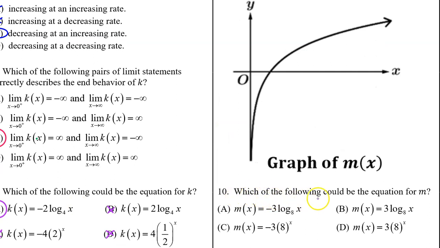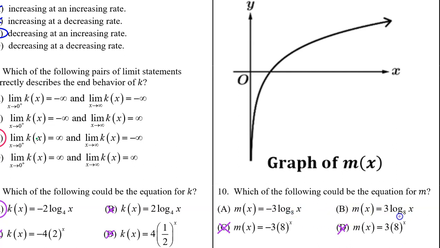Number 10, which of the following could be the equation for m? This is clearly a logarithmic function because the y-axis is the asymptote. So we can eliminate C and D immediately. Notice that both of the remaining options have a b value of 8, which is greater than 1.